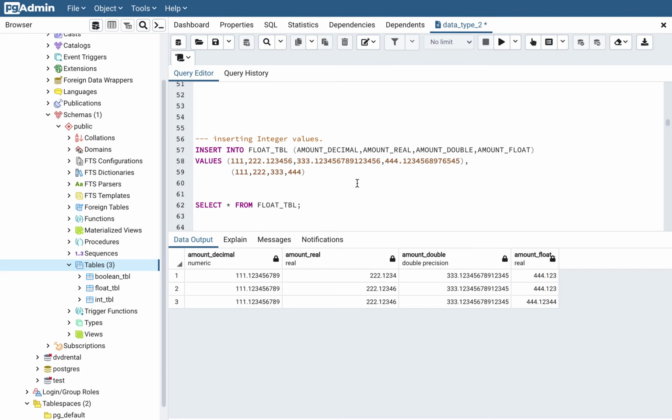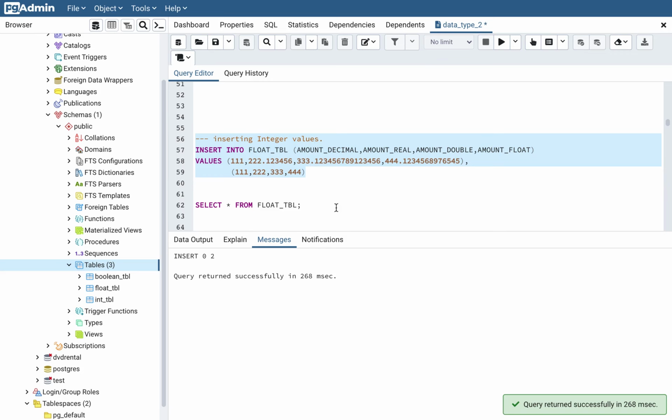But I am trying to insert integer values, right? In the first row of data, you might have noticed that first value, which is numeric, I'm inserting as an integer value, not a decimal. And for all the rows, for all the columns, I am inserting only the integer value. So let me execute this piece of code and show you the result.